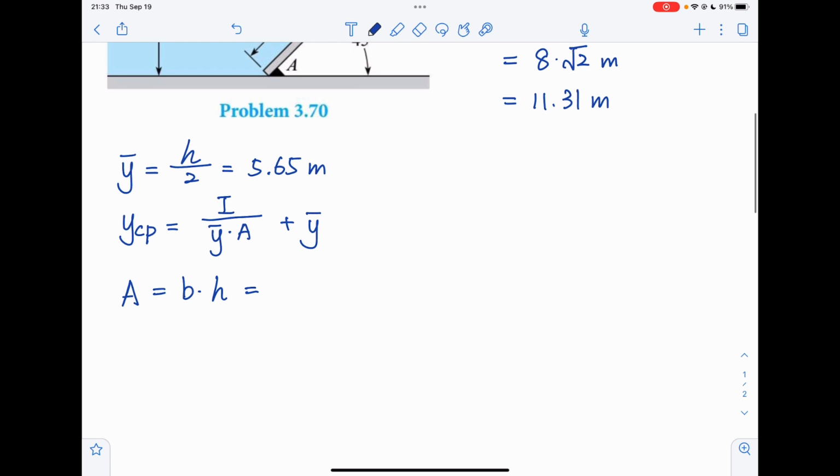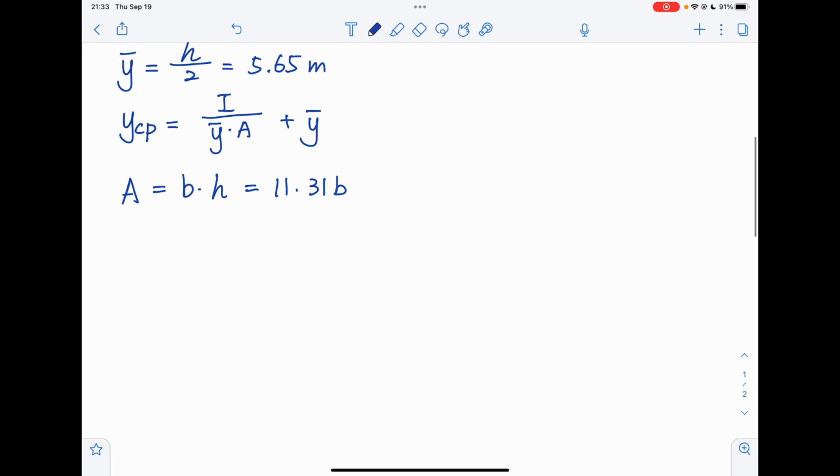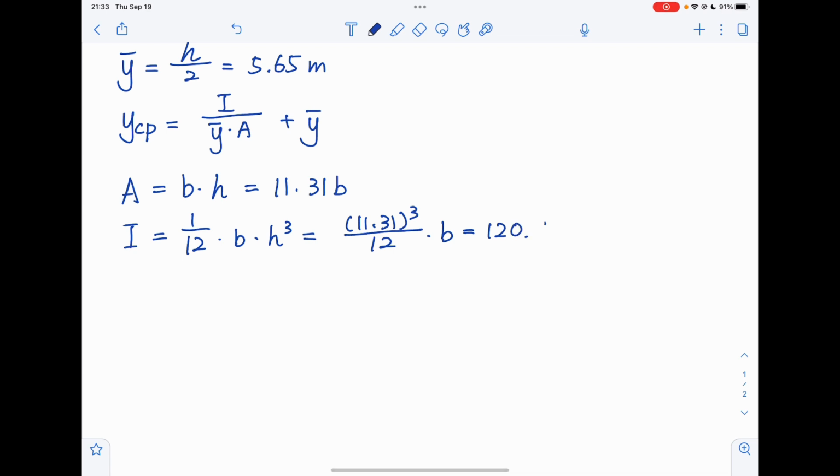So we have h here, so it's gonna be 11.31 B. Okay, and I is gonna be 1/12 times B times h to the power of 3, which is 11.31 to the power of 3 over 12 times B. So this will give us 120.561 B.